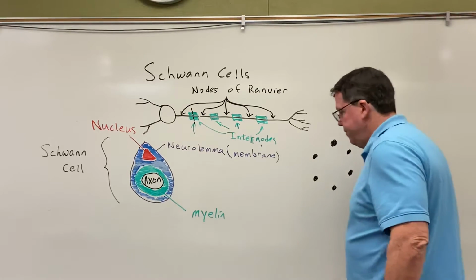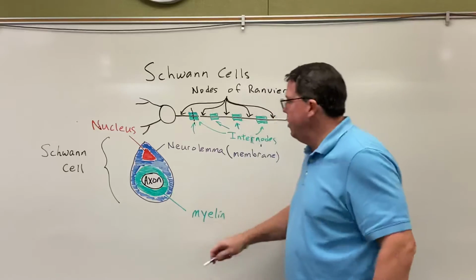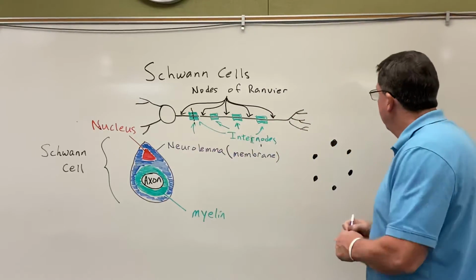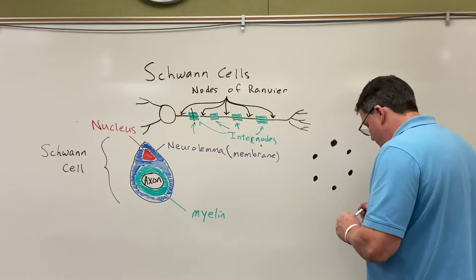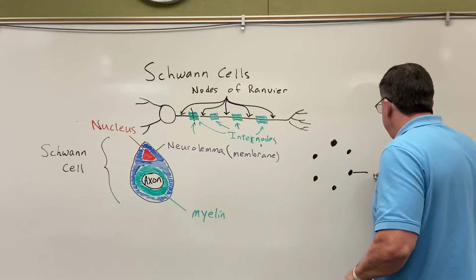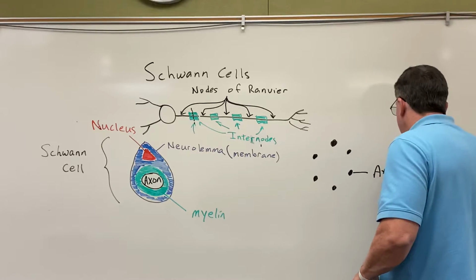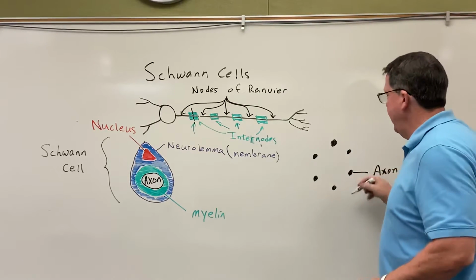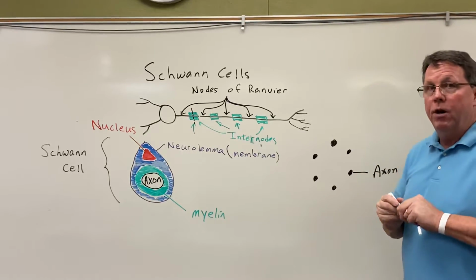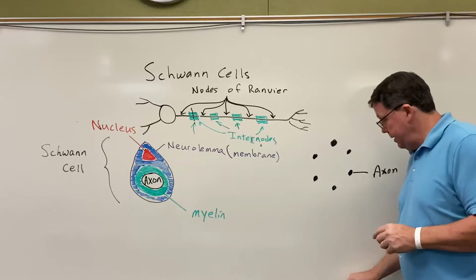So now, if you notice, I had the neurolemma here in purple. Before I do that, what are these dots? For the most part, these dots are going to be axons. All right? So we have an axon. Now, I put 6 here, but it doesn't matter how many you put. It could be more than 6, it may be less than 6.